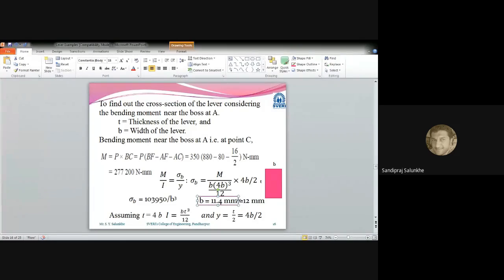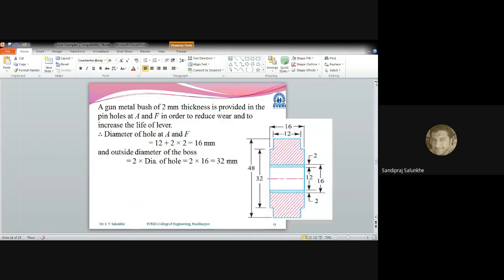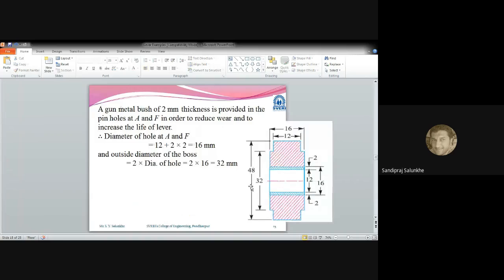So what value of T are you getting? T is 4 times B. We approximated b as 12 millimeter, so 12 times 4 is 48. That 48 I have mentioned here in the diagram.